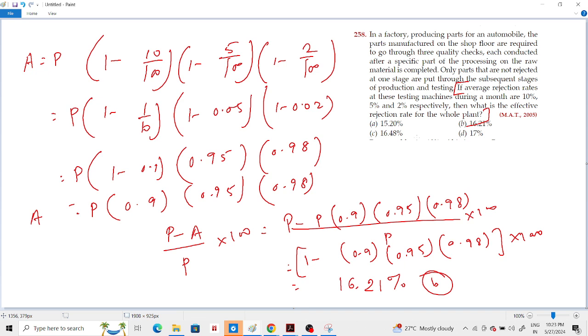So if the average rejection rates at these testing machines during a month are 10%, 5%, and 2% respectively, then what is the effective rejection rate for the whole plant?